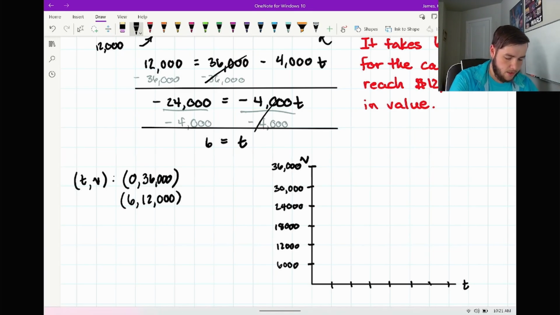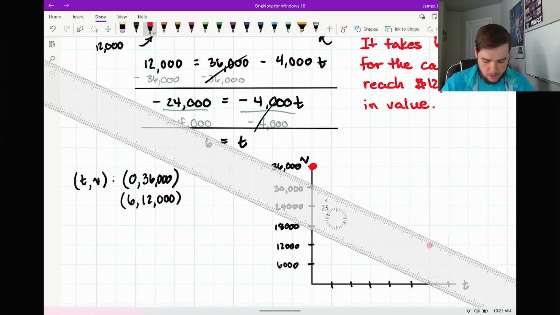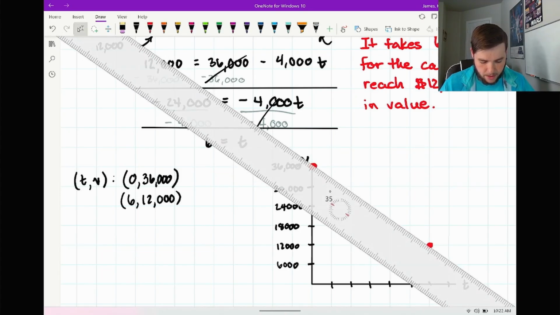So I know the point 0, going nowhere horizontally, 36,000 vertically is on the graph, and the point 6, 12,000 is also on the graph. Connecting these 2 points, I can sketch the graph.